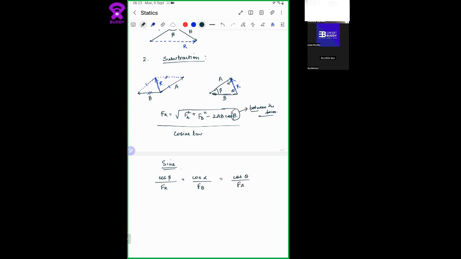This is a very important property that we can use while solving the equation.